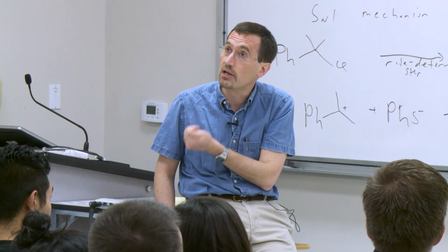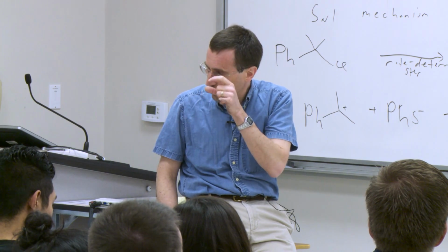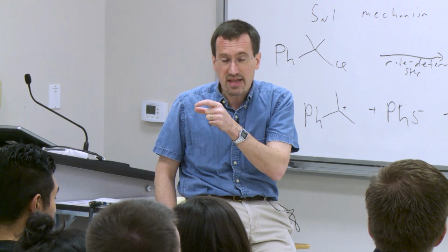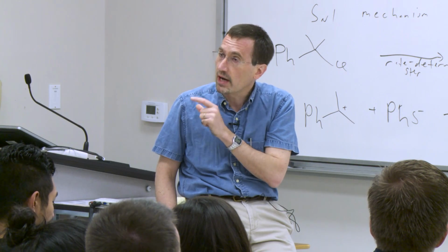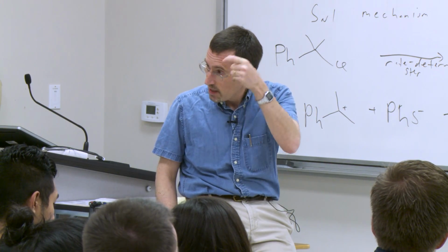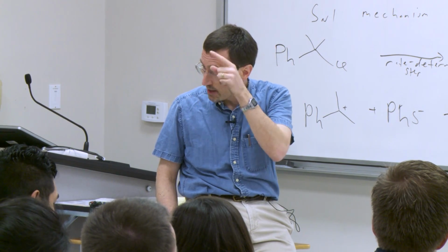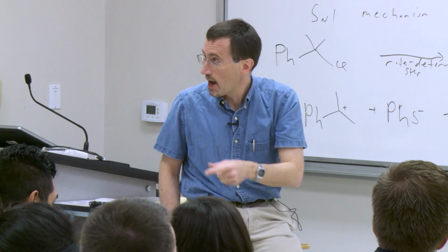As a matter of fact, I know in the homework problems, I've set up an example where there's a 4-membered ring. I think it's 4. No, it's a 5 or 4. And maybe it's a 5-membered ring, which has a little bit of strain in it, that breaks open, and then you get a rearrangement, and you form a 6-membered ring. So yeah, absolutely.